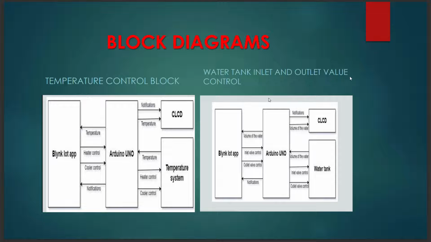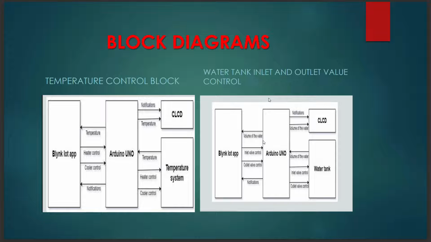Water tank inlet and outlet flow control. We check the volume of the water and the inlet valve control and outlet valve control notifications through this Arduino, CLCD and water tank. This process will be explained in the simulation part.